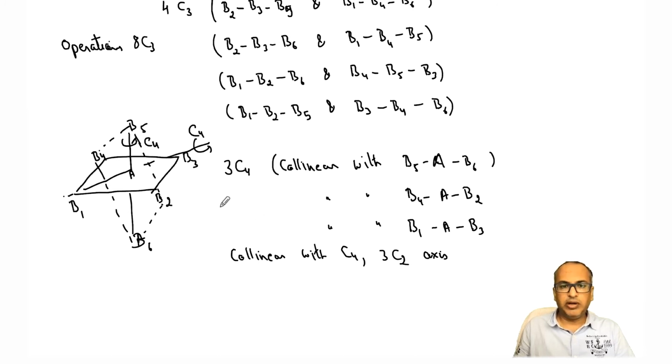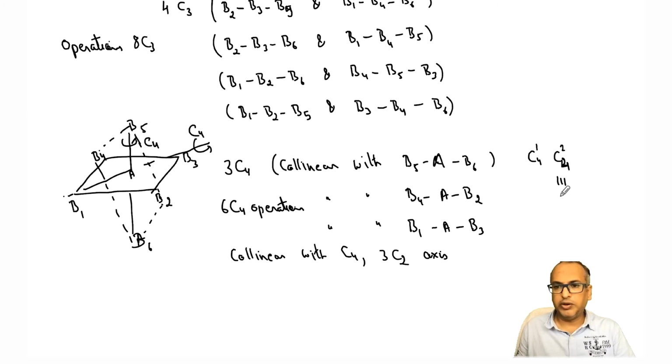Now each C4 will give you how many operations? 2 operations. So the C4 axes will give you 6 C4 operations. C4 will be 1 operation, C4 square will be equivalent to C2, which is listed separately because this is the collinear axis.